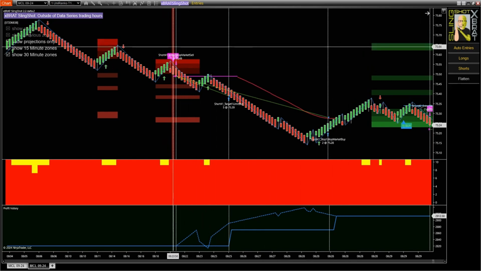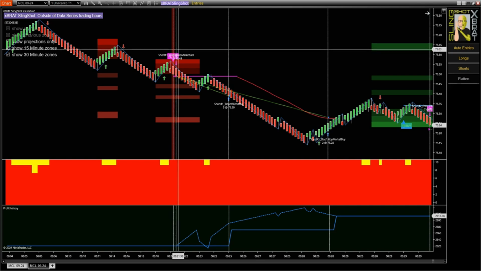So this was 8:20. So it was 10 minutes before US data that came out. So we've got a time here for the order that goes in at 08:20 and 58 seconds. The price then moved through our entry price, which is a stop market order, 38 seconds later, and we executed straight away.